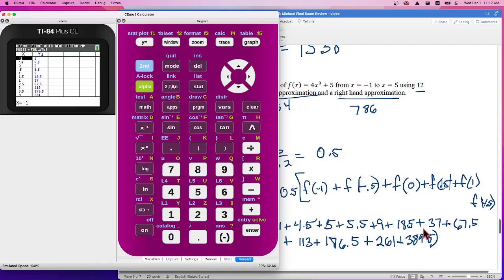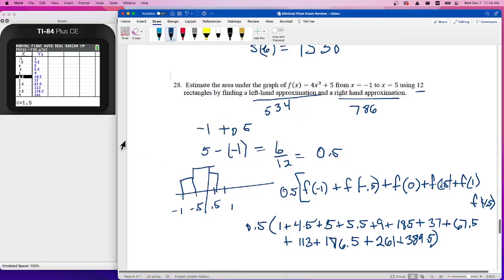If you see something, 113, 176.5, 261. I'm off by 10. We should have matched the same. We should have 534.